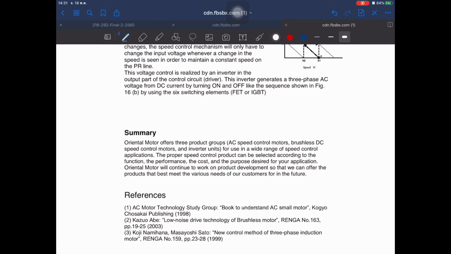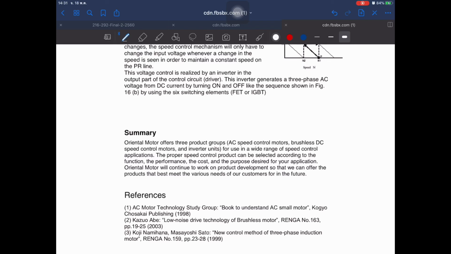The proper speed controller product can be selected according to the function, the performance, the cost, and the purpose.